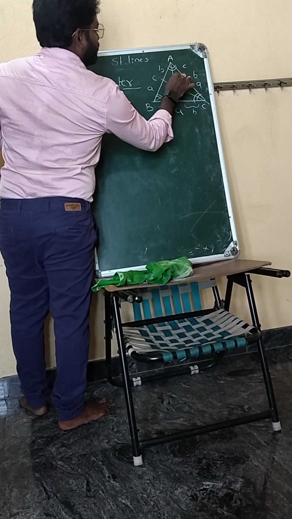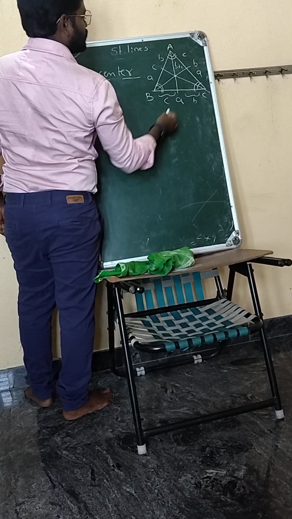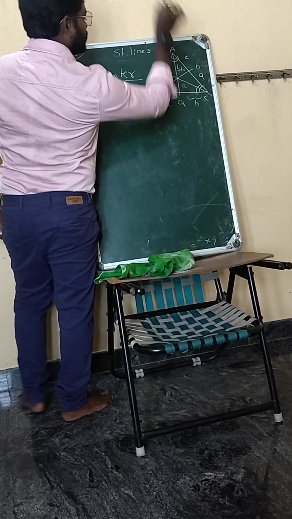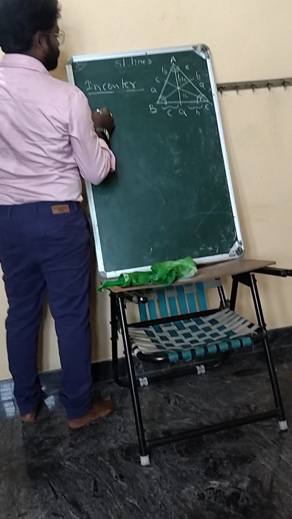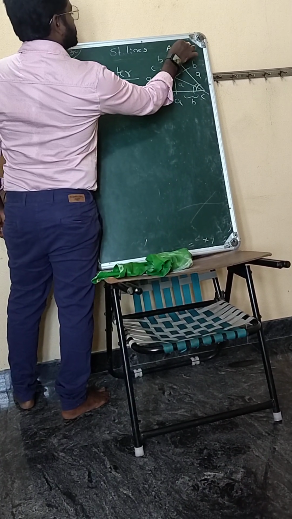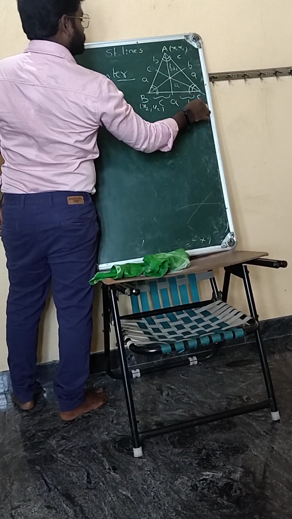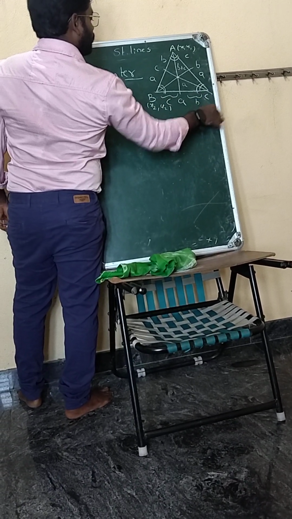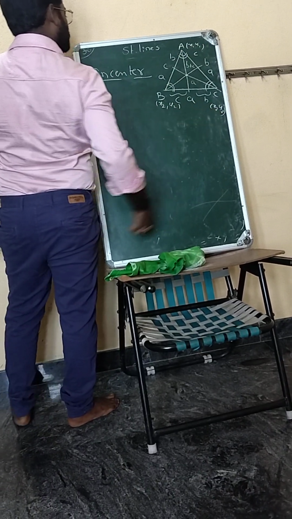Next, A side dividing ratio b plus c, a. What is the formula? A(x1, y1), B(x2, y2), C(x3, y3).